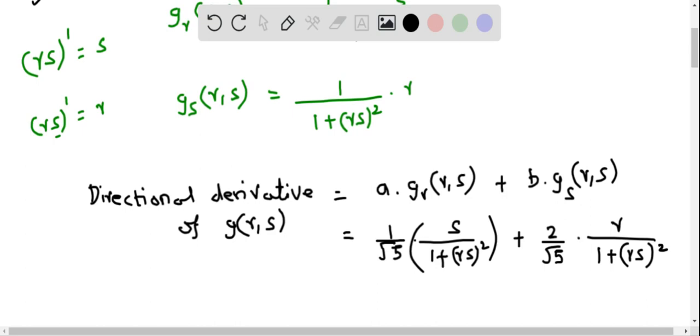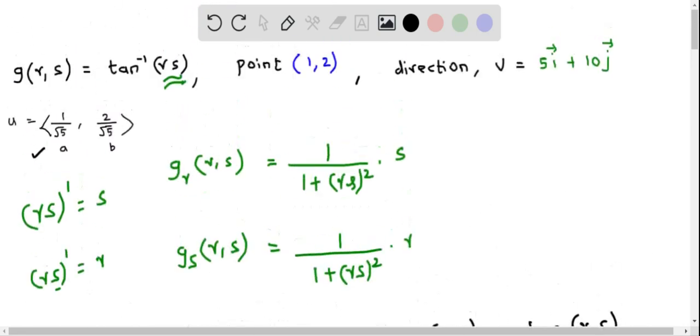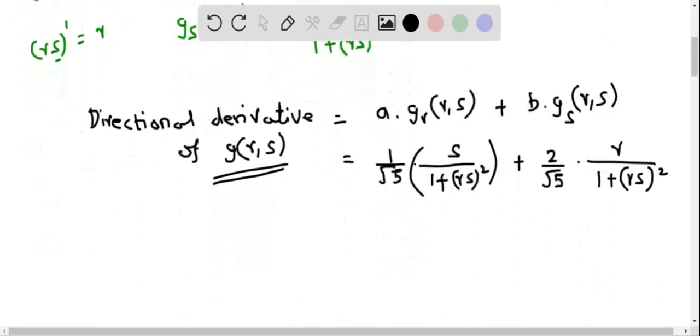So this is the expression for the directional derivative of the function g of r comma s. Since we want to find the directional derivative at 1 comma 2, we plug in r equal to 1 and s equal to 2.